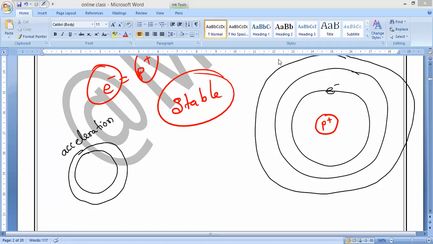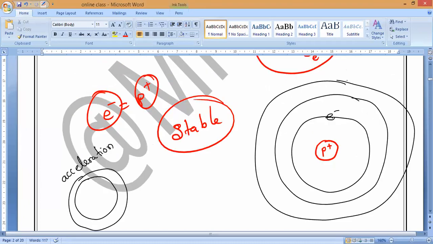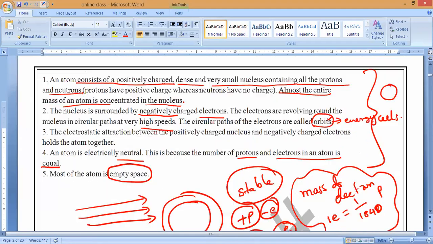So when the electrons are revolving in these shells in a circular path, continuously radiating energy, finally they will fall into the nucleus. Yes or no? Because they are held together. If you notice here, what is the fourth point?